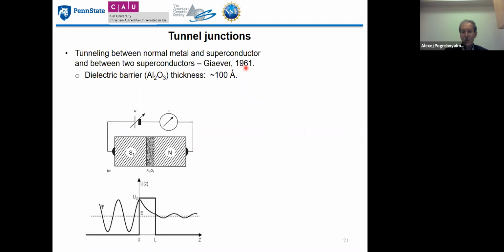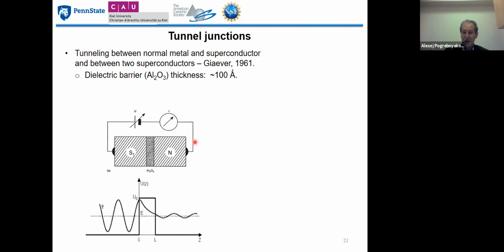In 1961, Giaever conducted experiments. He was passing current between the normal metal and the superconductor, and these thin films were separated by a dielectric barrier, alumina in particular. So he deposited aluminum films on glass substrates, oxidized the aluminum, and deposited other films on top of this material.